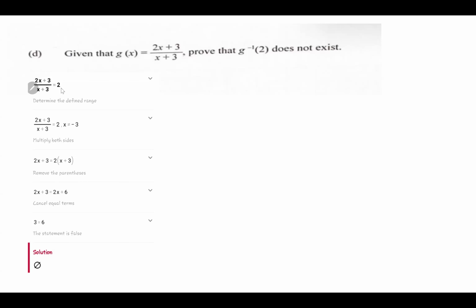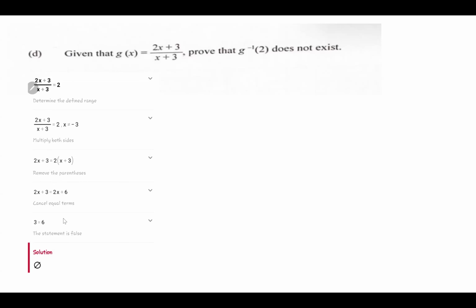So in this case, I set it equal to 2, and we bring the x plus 3 to the other side of the equal sign. We have 2x plus 3 equal to 2x plus 6. If we realize that 2x is on both sides, we can subtract 2x. We have 3 is equal to 6. We realize that 3 equal to 6 is a statement that we are fully aware is completely false.